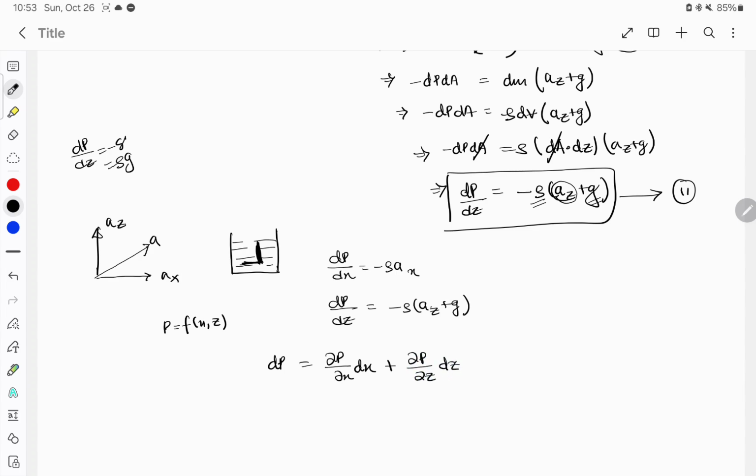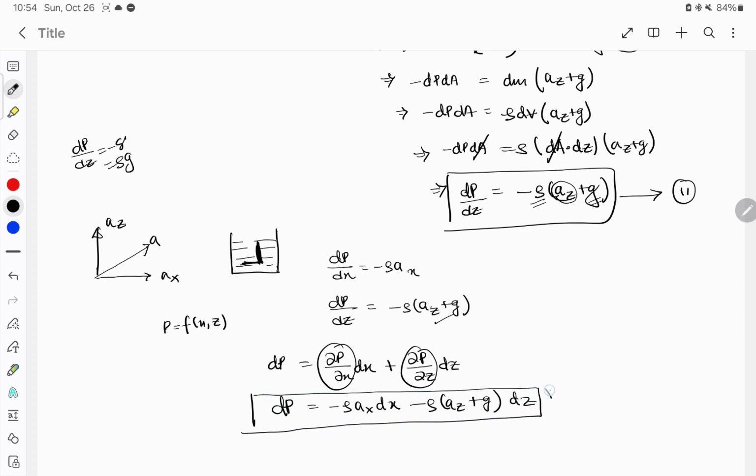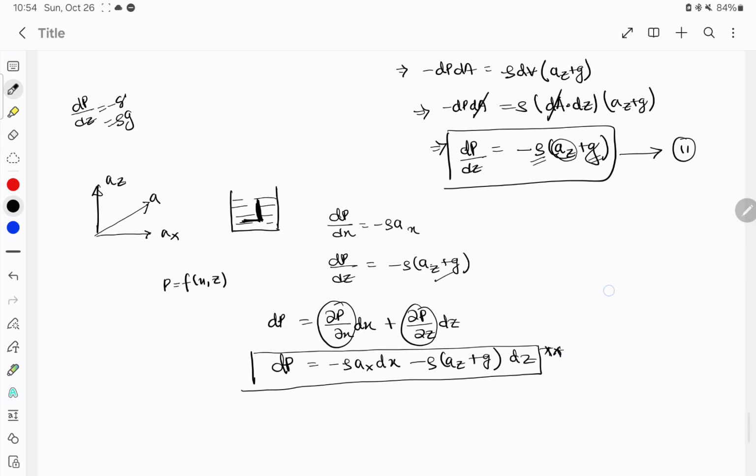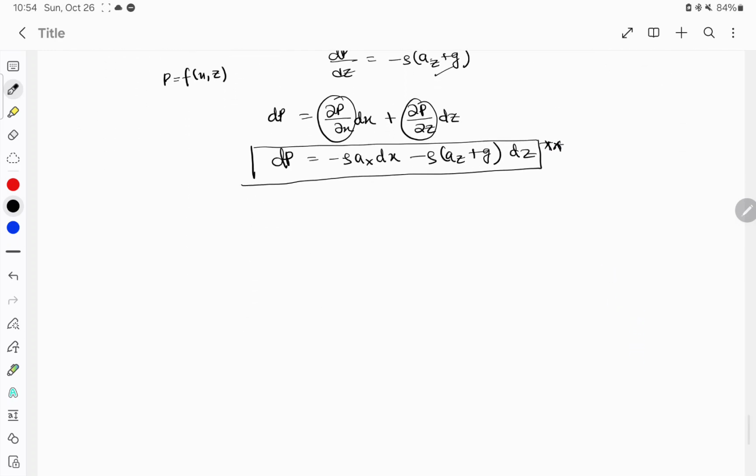This is a differential form. For dp by dx we can write it as rho ax into dx, and dp by dz we can write it as minus rho az plus g into dz. So dp will be equal to this. This is an important equation. They might ask you to derive this.